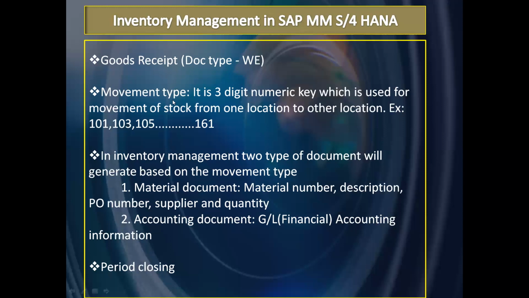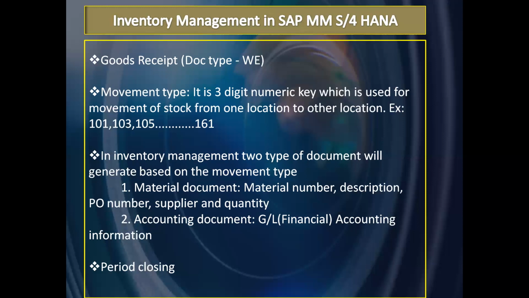Next is the movement type. Movement type is a concept which we have in SAP MM in inventory management. It is a 3-digit numeric key which is used for movement of stock from one location to another location. For example, if any movement type starts with the one series, meaning 101, 103, 105, 161, then whatever movement type we use, if it starts with the one series, that is a movement type related to goods receipt.